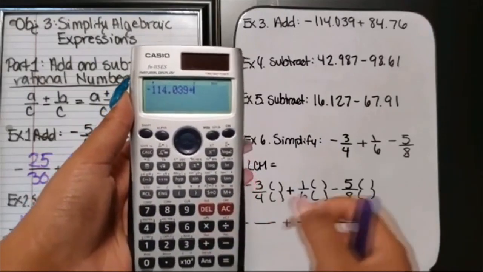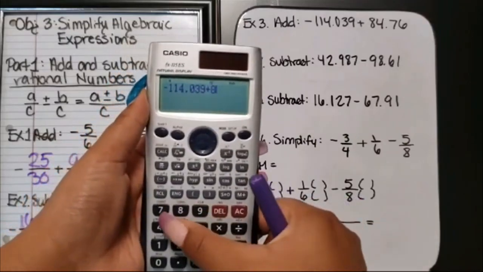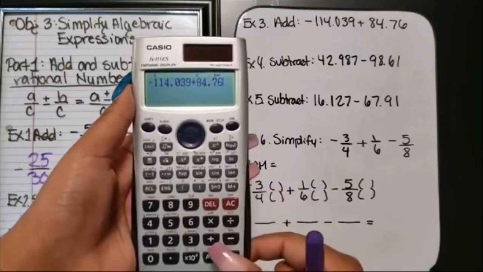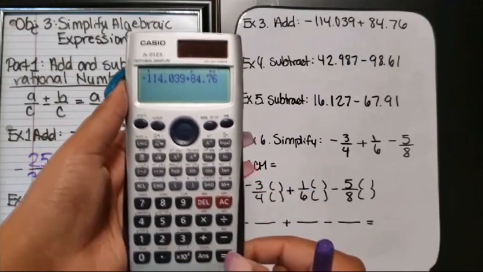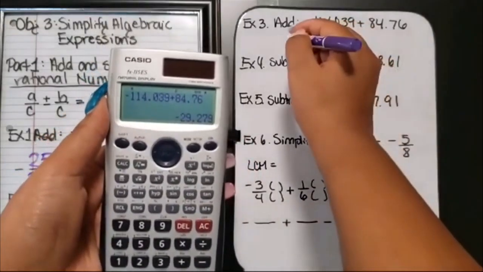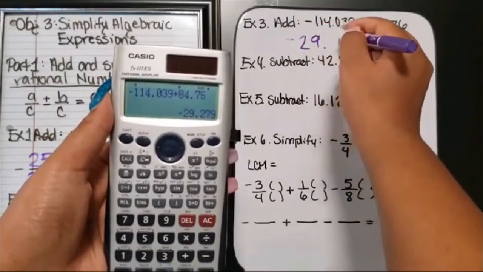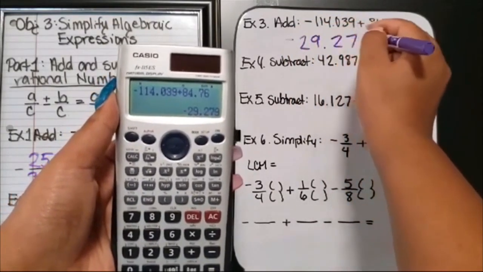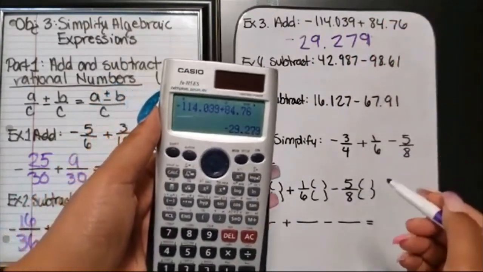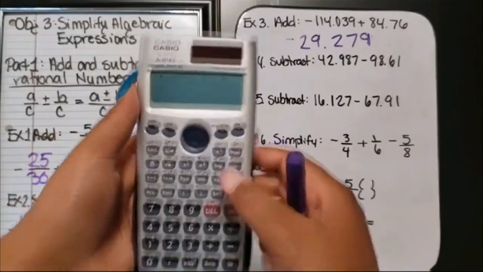I'm going to hit my plus sign. And we got 84.76. Okay. I'm going to hit equals. So we got negative 29.279. All right. So let's look at number 4.